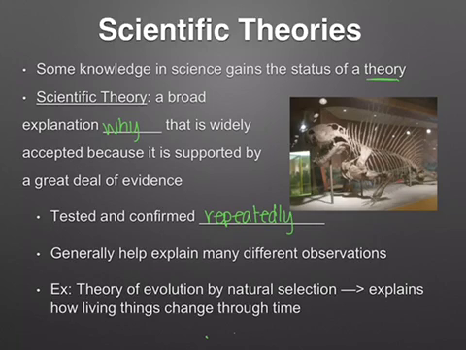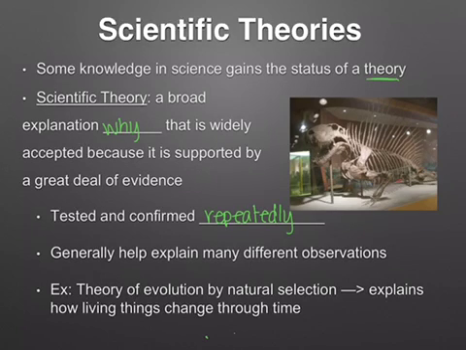So almost every single time that this experiment has been done, they have gotten the same results. And so it generally helps explain many different observations. So an example of a theory is the theory of evolution by natural selection. This explains how living things changed over time.